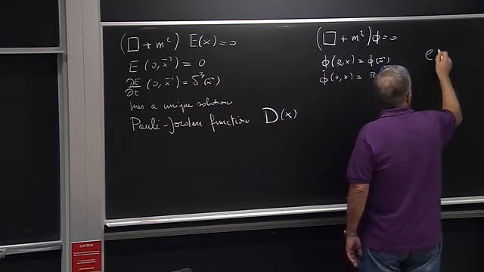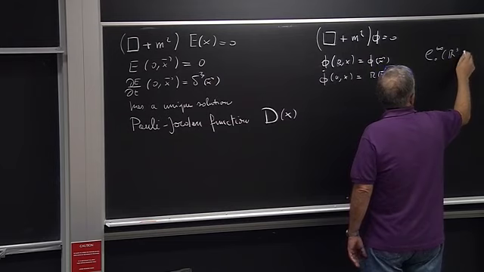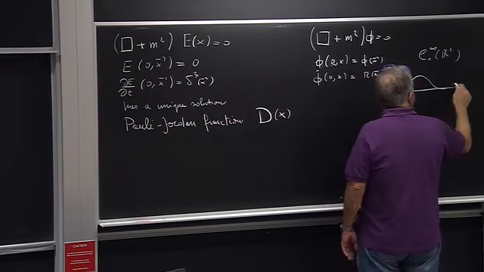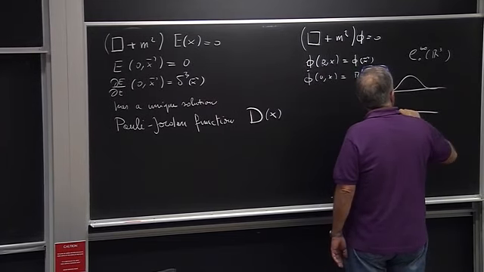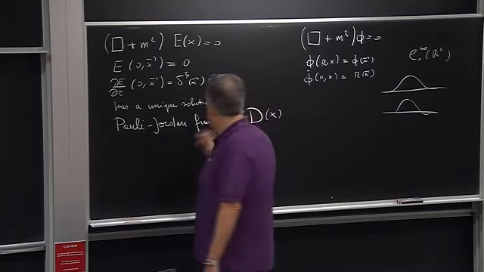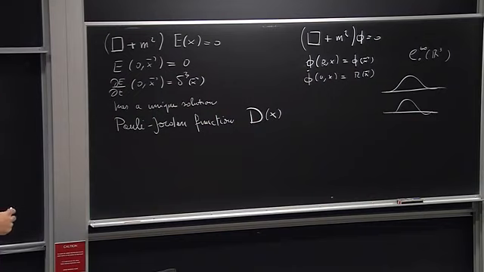Let's say, to be concrete, functions which are smooth and that have compact support, by the formula we wrote during last lecture.